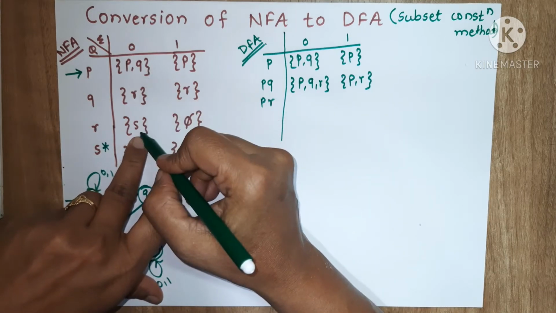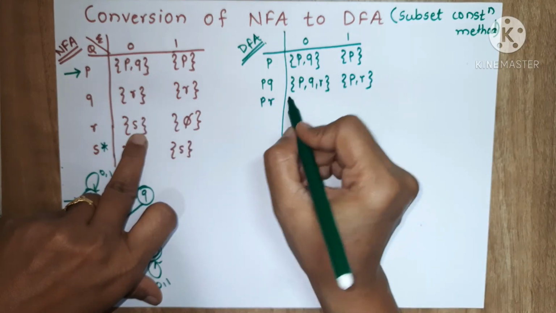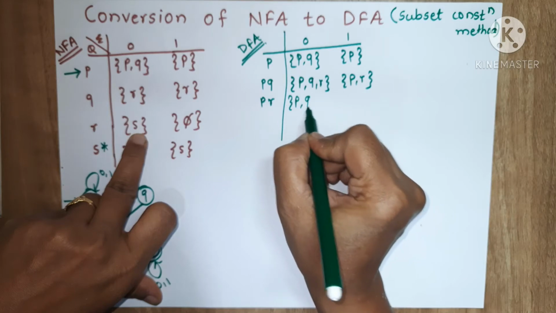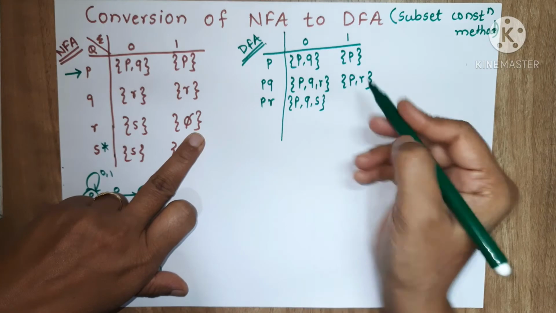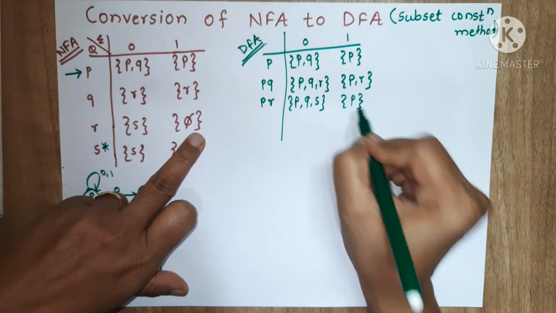So PQ union S is PQS, and P union phi is P.